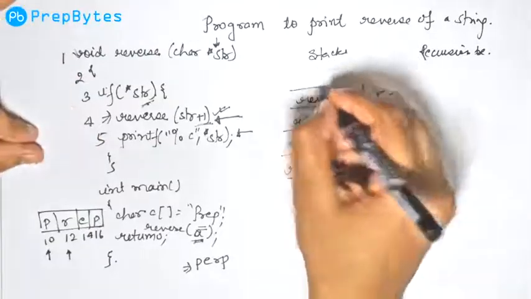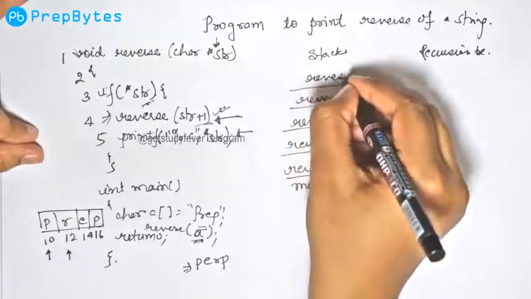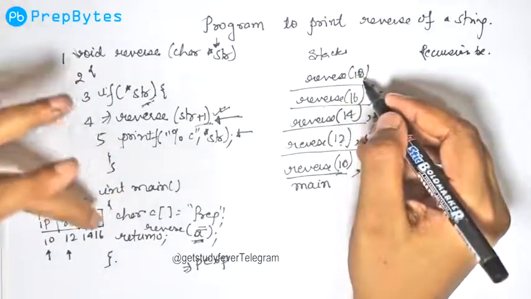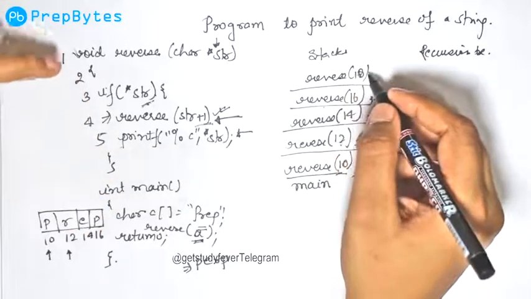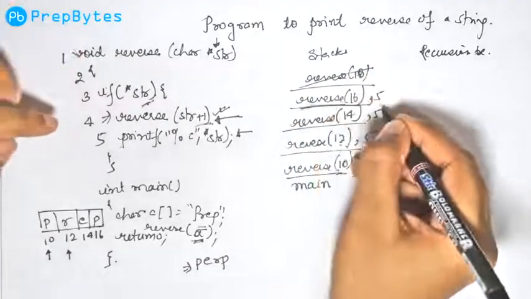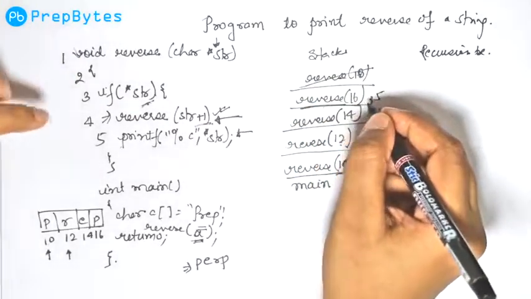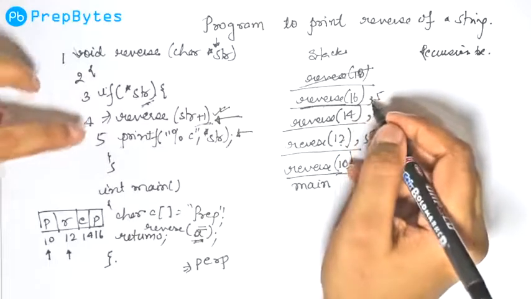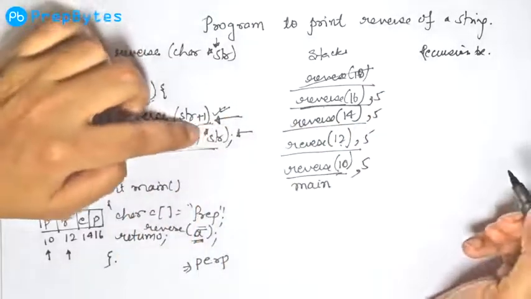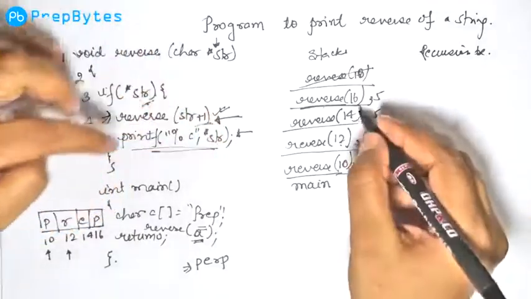So after we call reverse 18 and reverse 18 returns, this is removed from the stack and reverse 16 continues, and the statement after the call is executed, which is printf star str. And what do we have as the address of str here? 16.